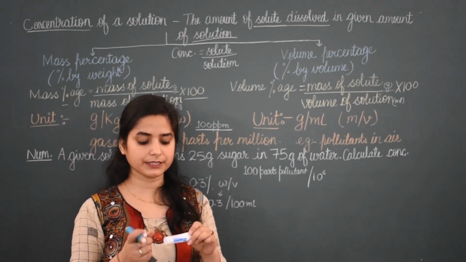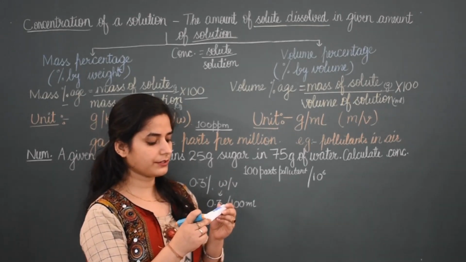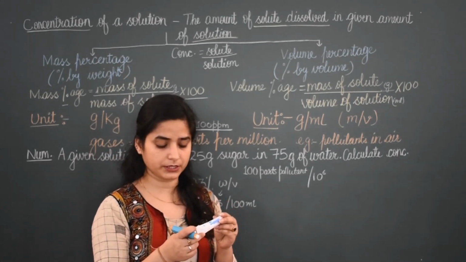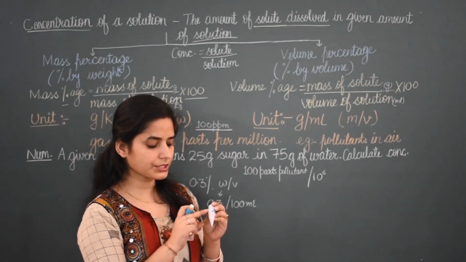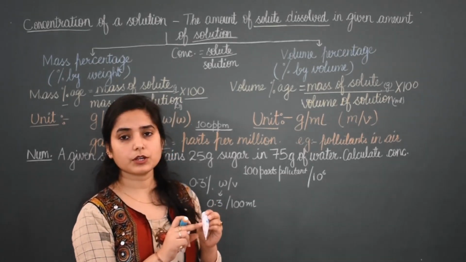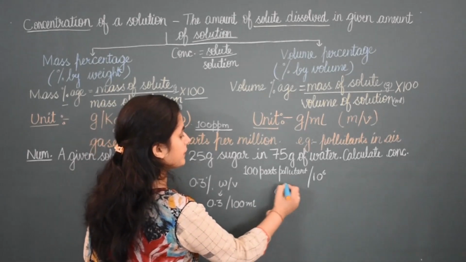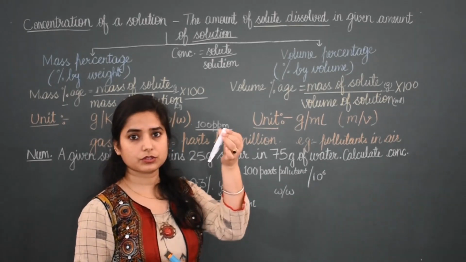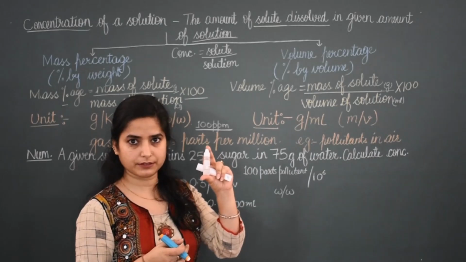Second one, I have taken this gel, and on it its concentration is written as 0.1 percentage. Here the composition is adapalene 0.1 percentage W by W, means weight by weight. That means this tube is not containing liquid solution like this one.